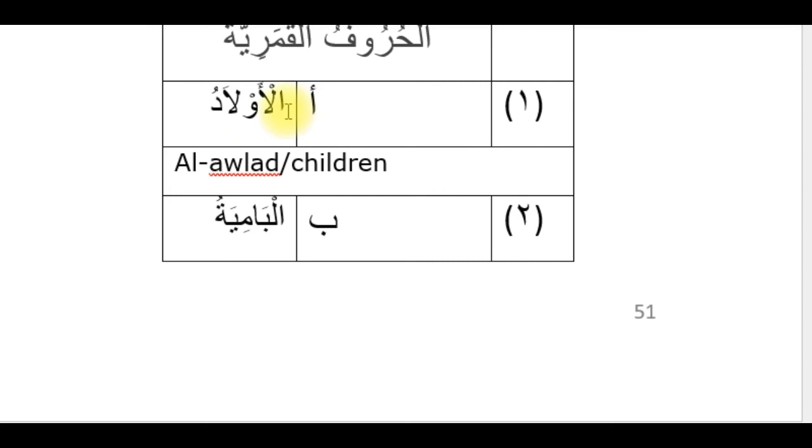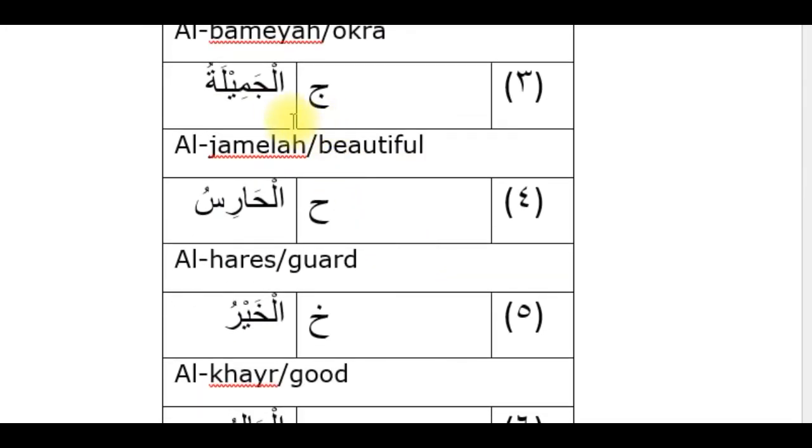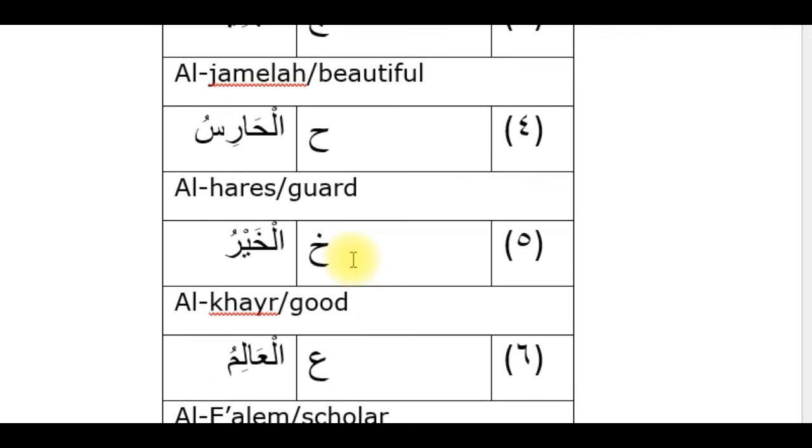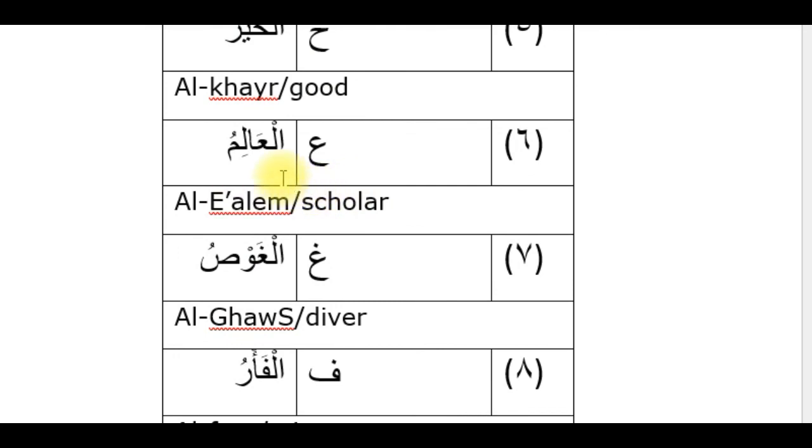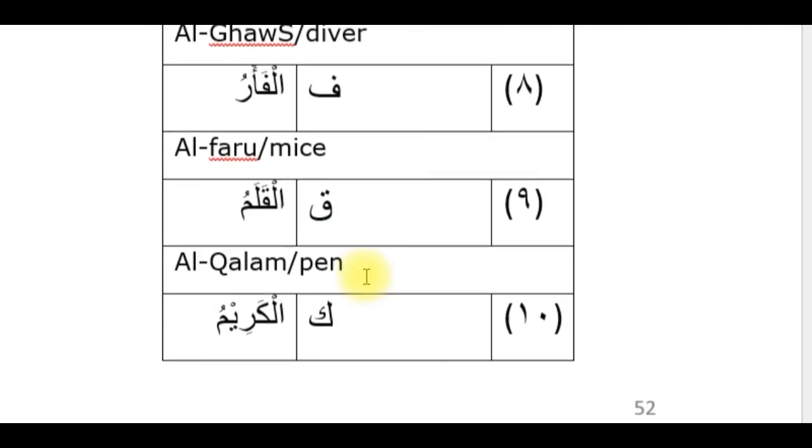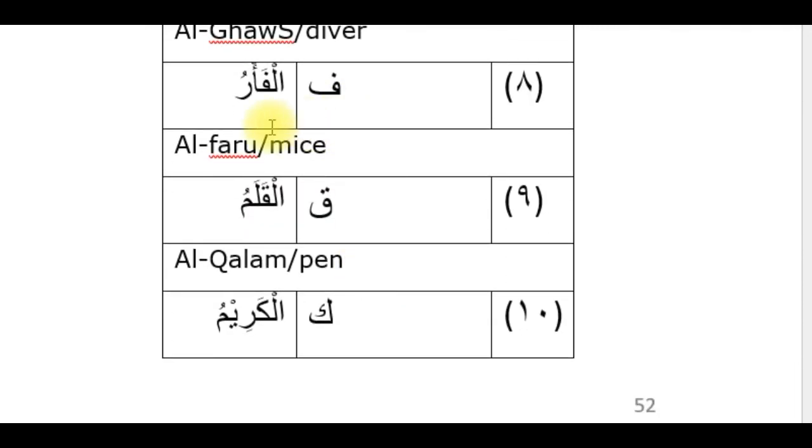Al-awlad, ba al-bamiyatu, جا الجميلة, ح الحارس, خ الخير, ع العالم, غ الغوص, ف الفأر, ق القلم, ك الكريم. Please memorize all these alphabets for the moon sound.